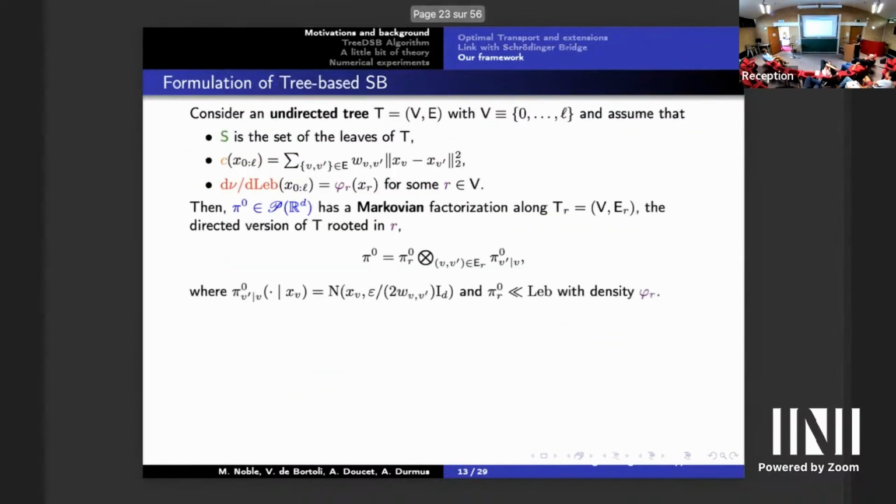What you have is simply a probability distribution in this setting, and more interesting, something that has Markovian factorization. And we want to have something Markovian because in the Schrödinger bridge problem, the reference path measure is always chosen with Markovian nature. So in the end, you recover something which is not continuous, but with still this Markovian factorization.